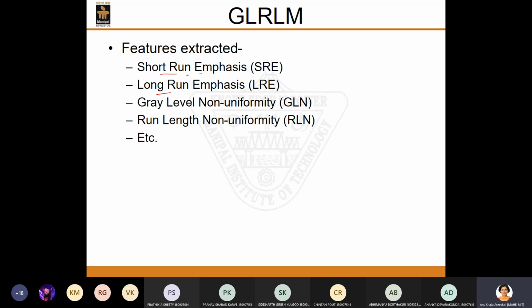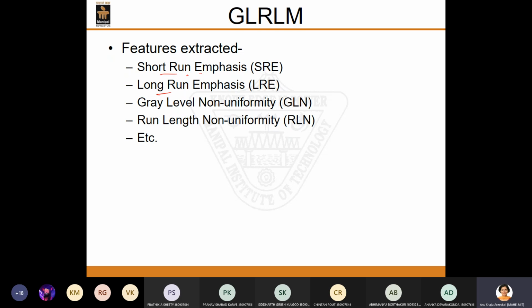So for example, the SRE, or the short run emphasis, just measures how many times short runs would occur. Short runs would be the run lengths if the run lengths are short, so just a few pixels wide. How many such short run lengths are there within the particular image, in a particular direction? That is what is measured by the SRE.